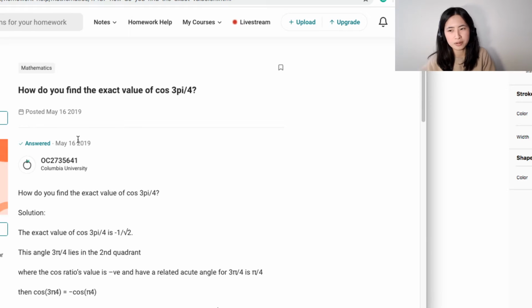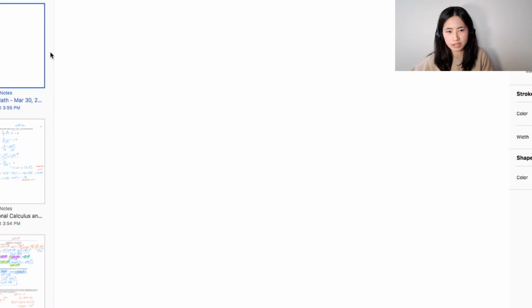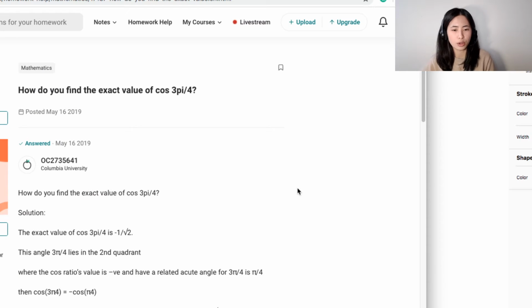So if you're in pre-calculus right now or advanced functions or you're in grade 12, we've learned back then that if you have, let's say, cosine, typically it would be in the form of an angle. Now we're dealing with radians, because we know that radians is also a unit of measurement for angles.